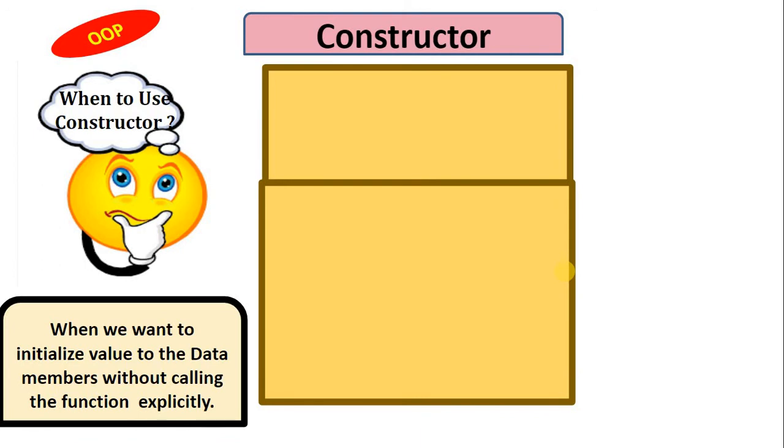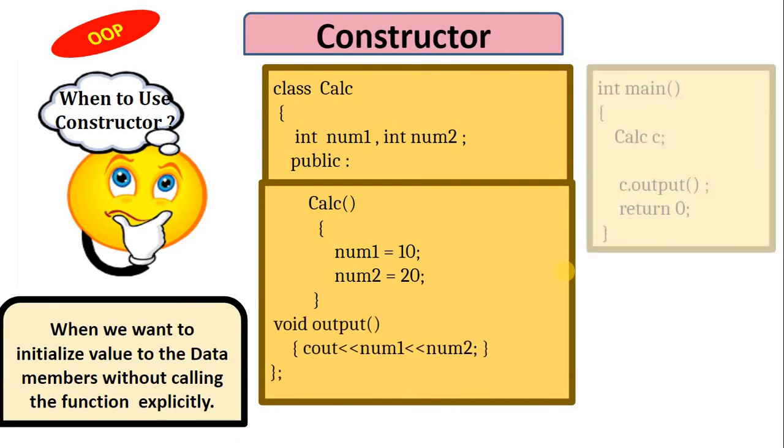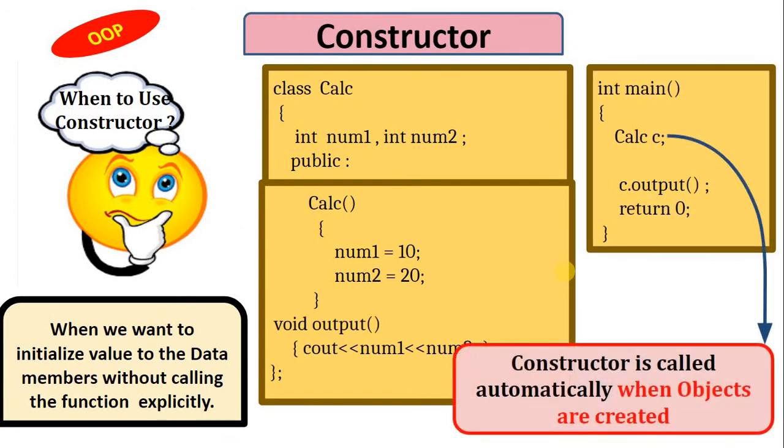As we have seen, for calling the setNum function we have to use c.setNum. If we want to initialize the values of the data members without calling any function explicitly, you need to use a constructor, like class calc, where you initialize values inside the constructor. So here the constructor is called automatically when objects are created. When you create an object, the constructor is automatically called.